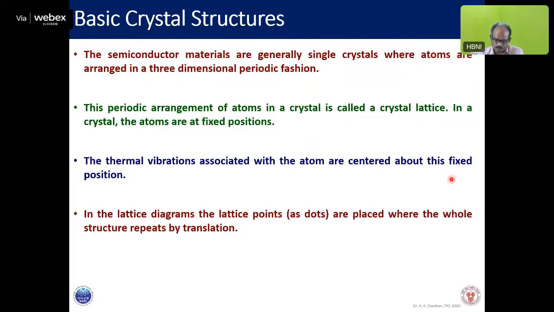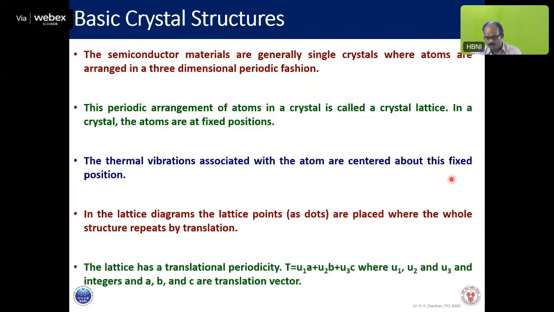The lattice points are basically invisible dots, you can say. And if we repeat this dot in exactly the same fashion, then it becomes a periodic lattice.